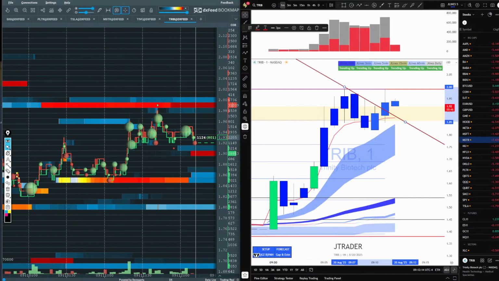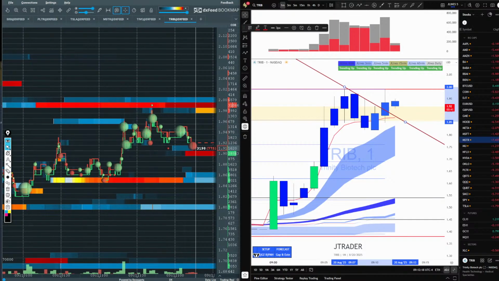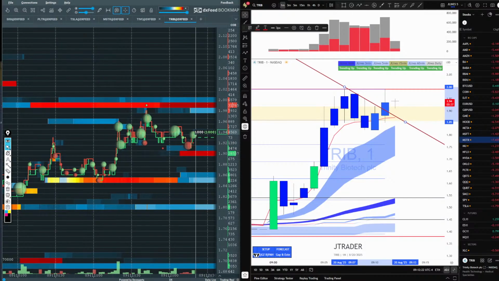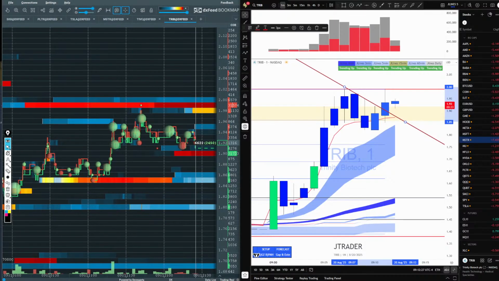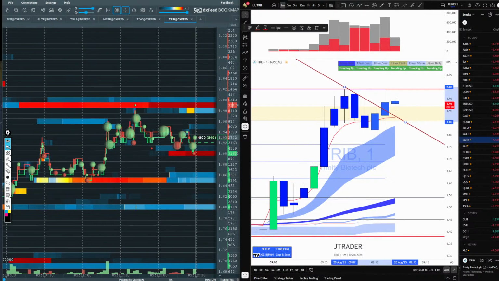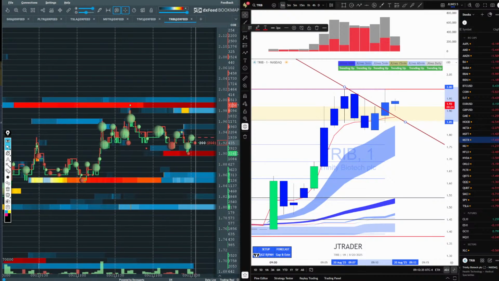I'm gonna risk this 190, so risking like 1 cent. They put a little bit of resistance at 198, sellers over here. And that's the best level to trade.